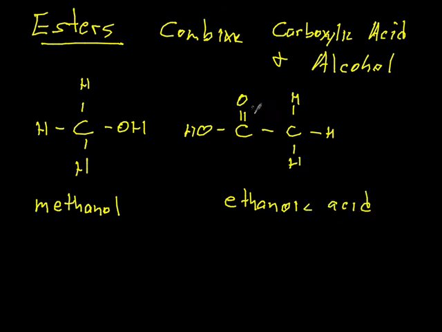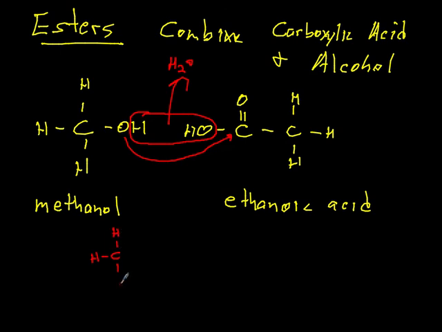Okay, and then what happens to make an ester is that we have a reaction that occurs, and an H and an OH are going to come off and form water, and then this O is going to bond to that C. So what we'll get is a C, O bonded to a C double bonded O with the CHs.